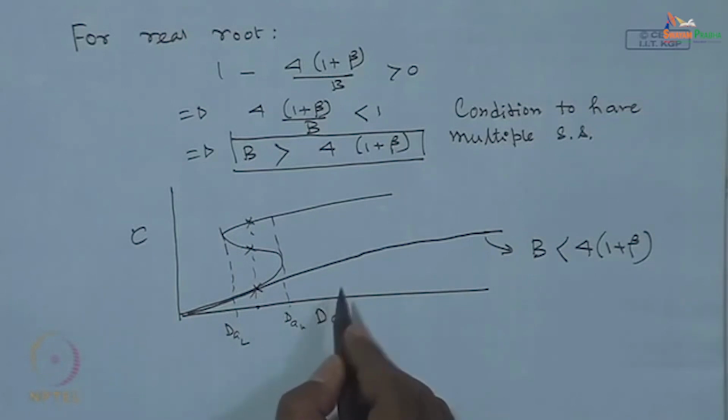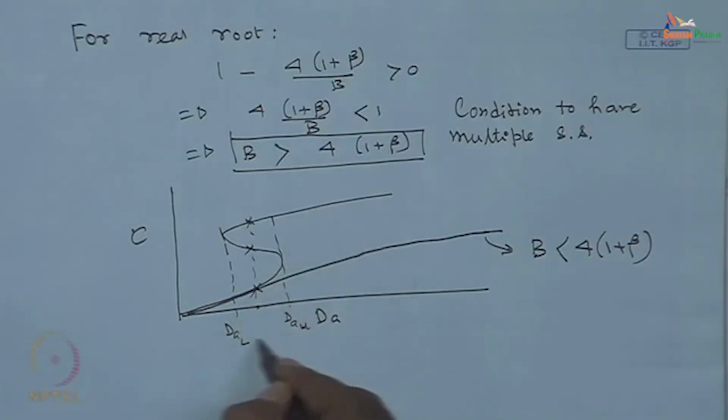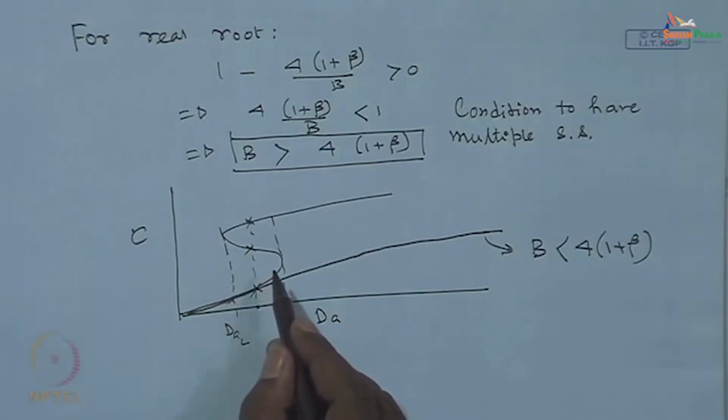Any Damkohler number beyond Da u will lead to a steady state on the upper branch. Any Damkohler number below the value of Da l will give a solution on the lower branch. For any Damkohler number lying between Da u and Da l, there will be multiple steady states in the system.